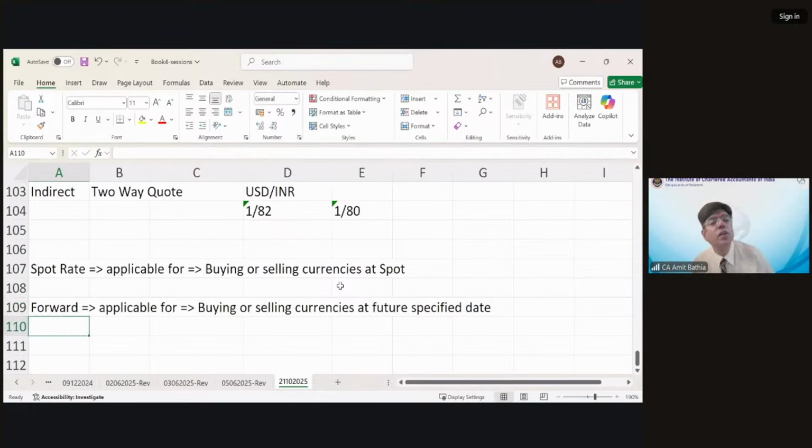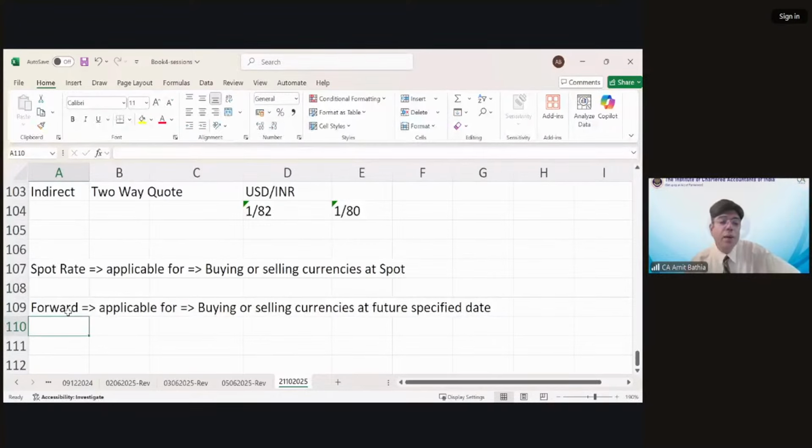It may be a month, 2 months, 3 months, depending on whatever is your obligation. You may need this particular rate for a future date, obviously not today. That tells me what forward rate is.